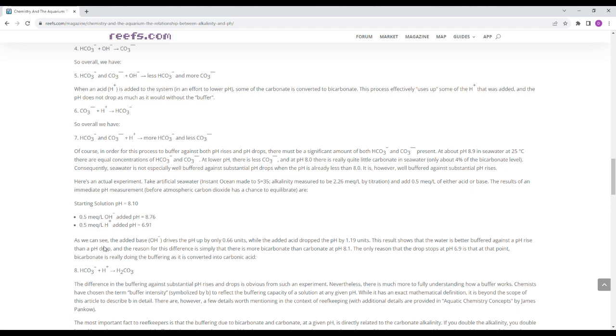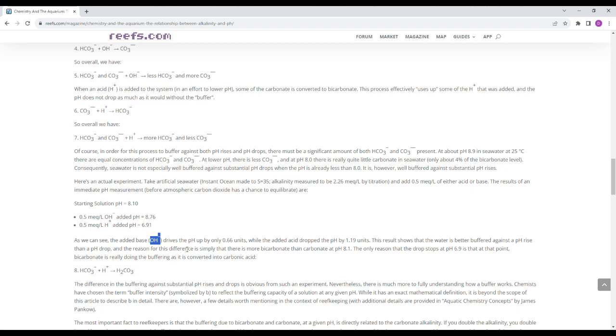So as we can see, the added base, OH minus, drives the pH up by only 0.66 units, while the added acid dropped the pH by 1.19 units. This result shows that the water is better buffered against a pH rise than a pH drop.